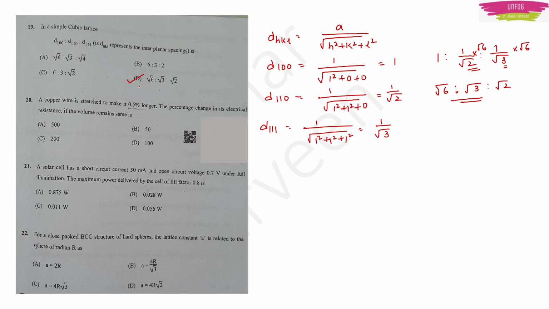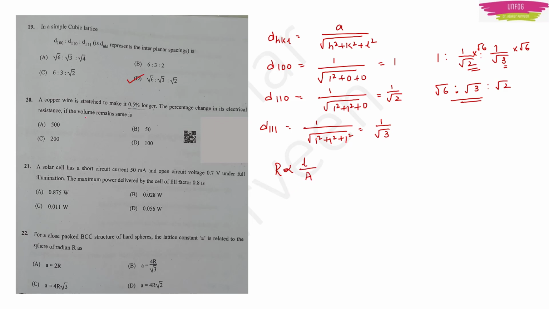Next, question number 20. A copper wire is stretched to make it 0.5% longer. The percentage change in its electrical resistance if the volume remains same is. Now we know that resistance depends on length and area of the conductor.